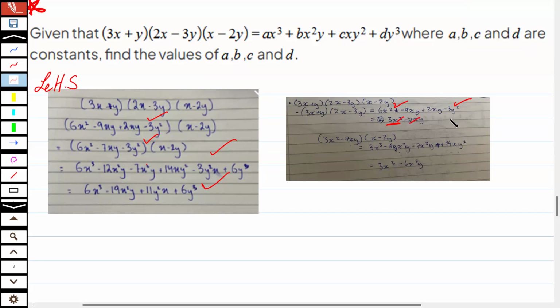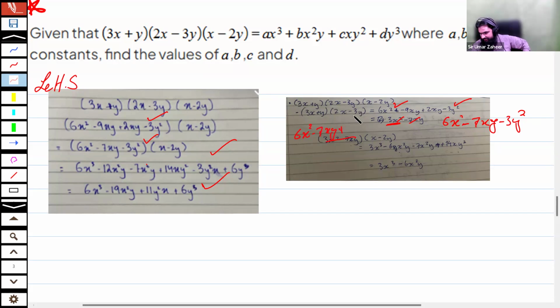Thank you. Yes. It will be 6x square minus 7xy minus 3y square. So obviously when you multiply them with this value, 6x square minus 7xy minus 3y square, you will definitely get the right answer. Okay.